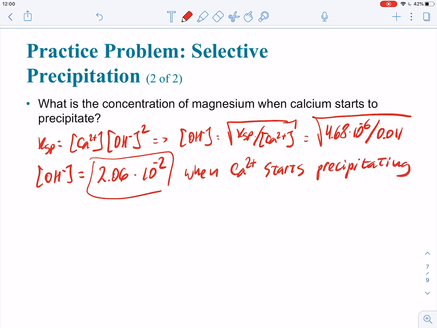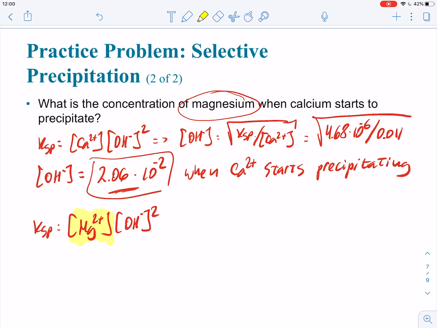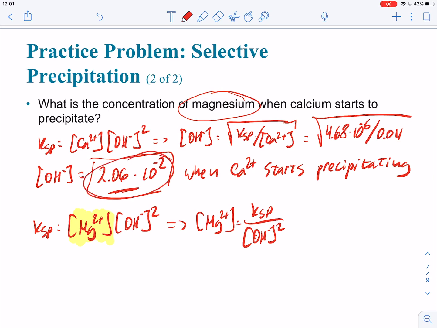But we want to know what is the concentration of magnesium at that point. So now we use that concentration to calculate the concentration of magnesium. KSP equals the concentration of magnesium times OH minus squared. Now we are solving for magnesium. In this case, the concentration of magnesium is equal to KSP divided by OH minus squared, using the concentration we found here.